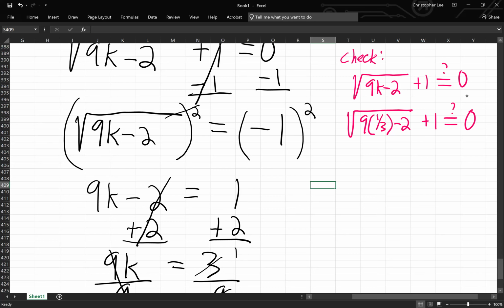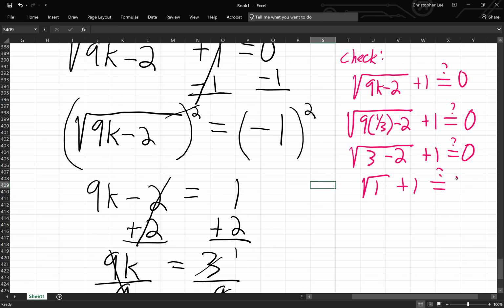When I do 9 times 1/3, this is going to be square root 3 minus 2 plus 1. What's 3 minus 2 again? That's 1. So this is square root 1 plus 1.